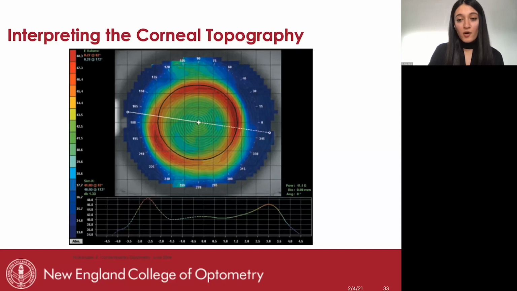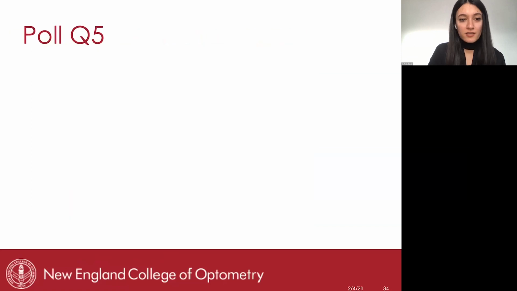Again, it's perhaps the most useful tool when determining efficacy. It's my go-to. I actually trust the topography more than what the lens looks like when I'm assessing it in office. This is the best way to infer what the lens position looks like during nighttime wear, like we discussed already. All right, let's go to poll 5.